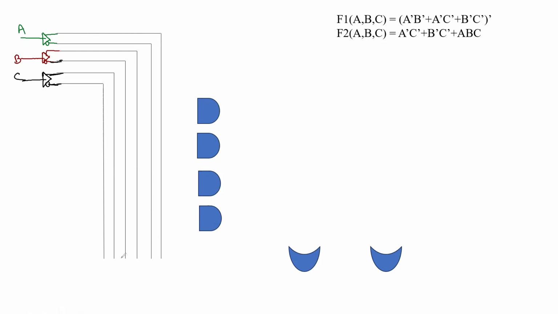In the bottom also we can represent this so that there is better visibility. This is C dash, this one is B dash, and another we have is A dash.